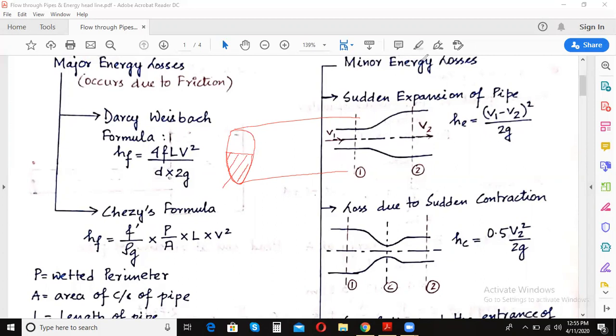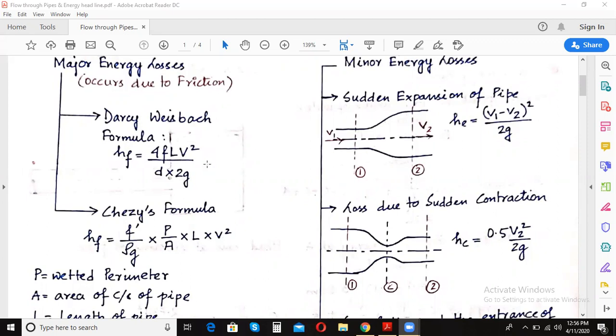Okay, so A is nothing but the total area of cross section, this entire cross-sectional area. Then we have L. L is the length of the pipe, known to everyone, and V is the velocity of the fluid flow through the pipe.